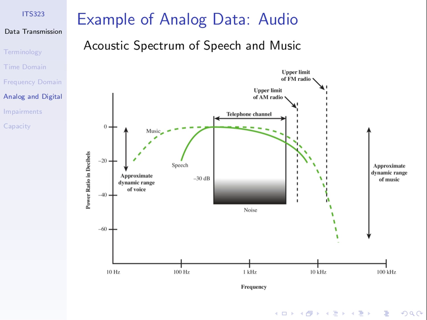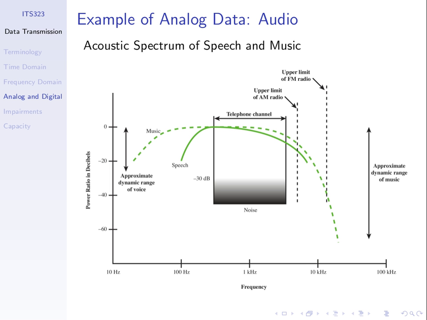So from several hundred Hertz up to several thousand Hertz is the typical range of speech. When you talk, you're generating data in those frequencies. Strongest in these areas, around 300 Hertz up to 3,000 or 4,000 Hertz. But sometimes even the low frequencies can be picked up when someone talks.